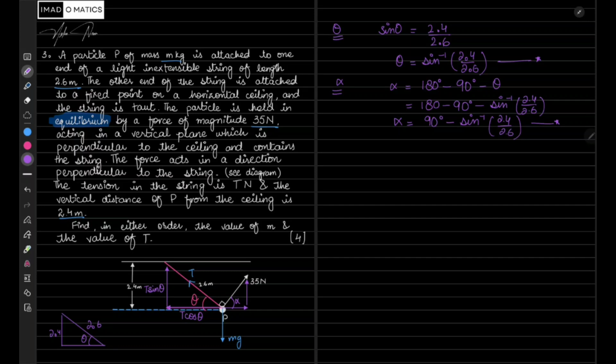Okay, let's move on to the next thing, that is your actual working, and that is that your system is in the equilibrium. So when it is equilibrium, what we do, up forces equals to down. So what are your upward forces? We can clearly see from the diagram. Up forces are T sine theta plus 35 sine alpha.